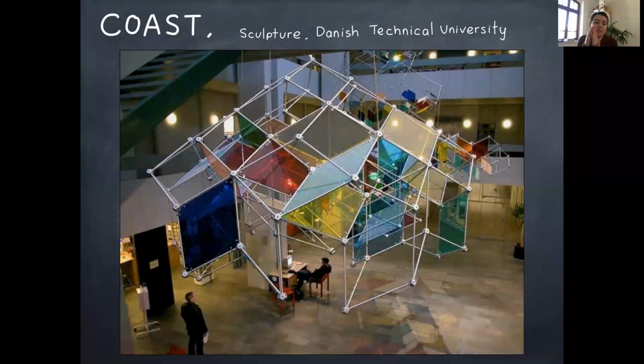The problem that Tony was considering is that he wanted to build these sculptures like the one you see here, and he wanted to make them rigid so that they can hang like the one you see here.